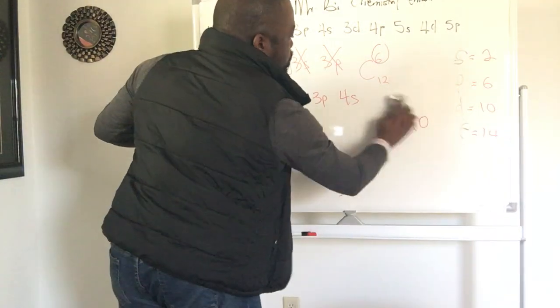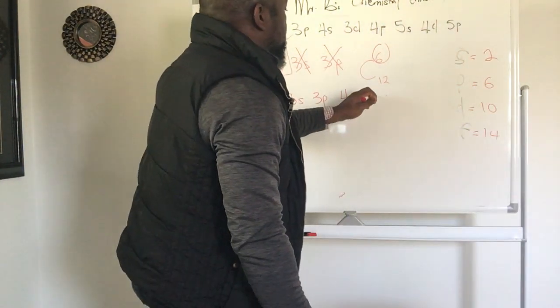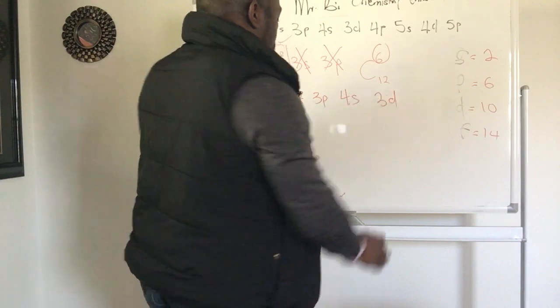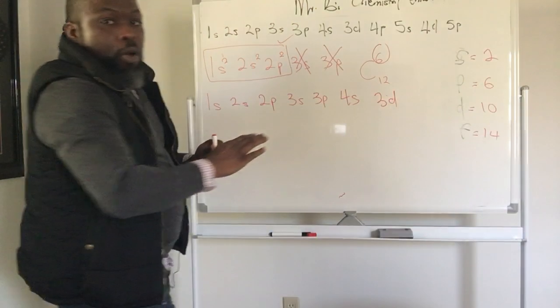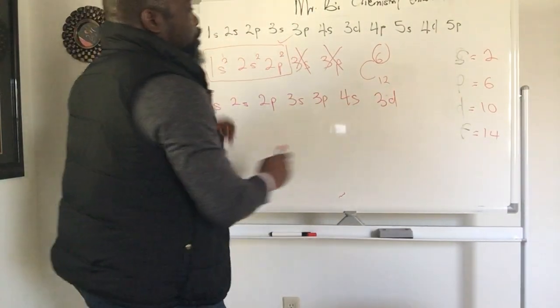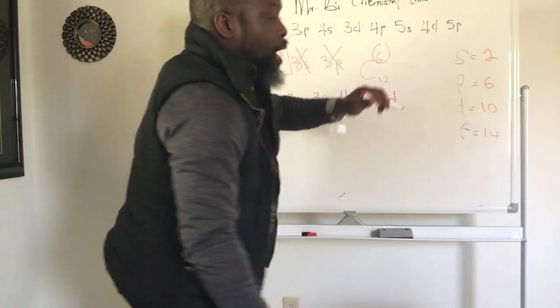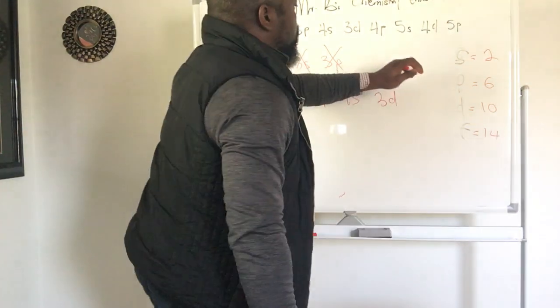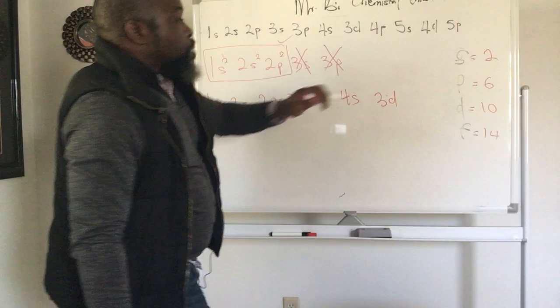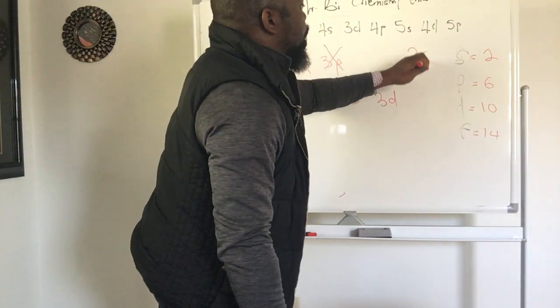So 4s, we keep on going. 3d. Very good. So we may end up using more or less. Now let's put our calcium right here. So we know calcium has 20 atomic number, right? So let's put our 20 right here.